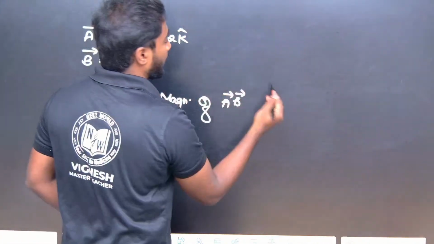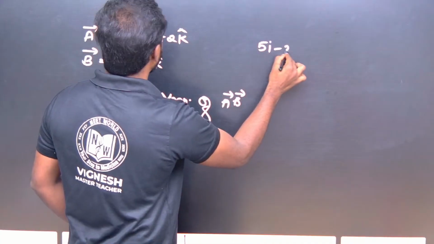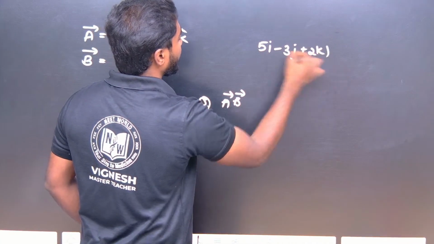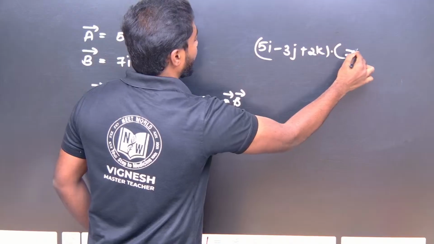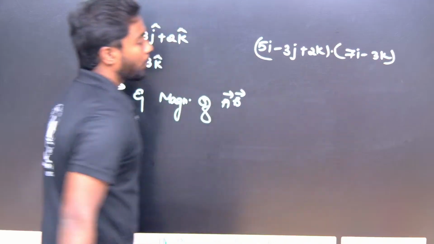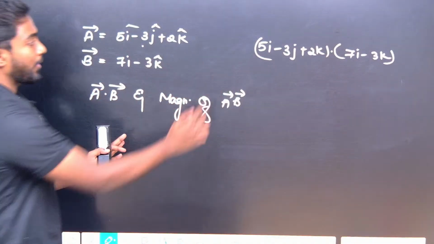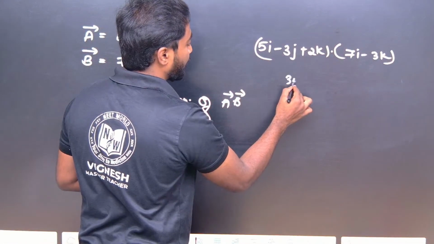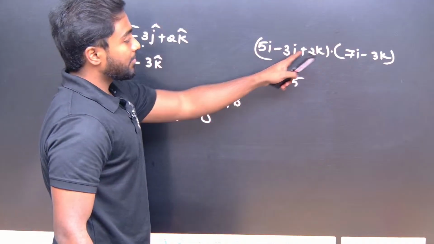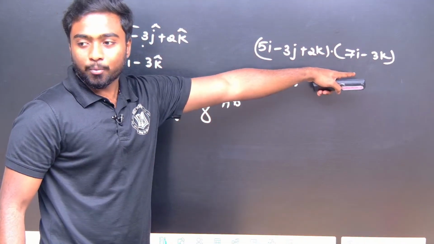Okay. Now 5i minus 3j plus 2k dot 7i minus 3k. What I told: take i cap, multiply with i cap, get the answer. So 5 times 7 is 35. J is there, but J is not there in B, so I can assume it as 0.